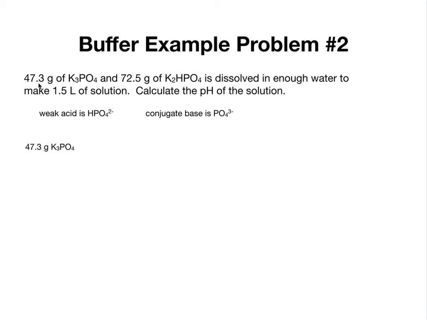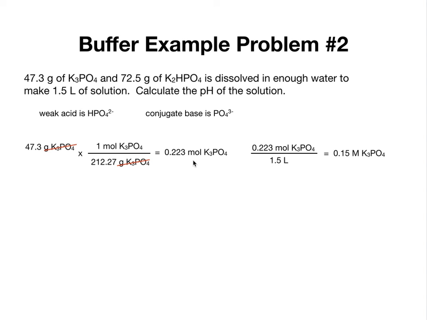So we take the 47.3 grams of potassium phosphate. We use the molar mass of potassium phosphate. The grams cancel. We get the moles of potassium phosphate. We divide by the 1.5 liters, so we have a 0.15 molar potassium phosphate solution.